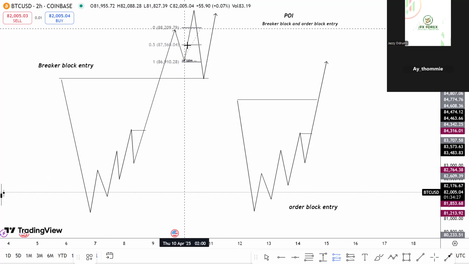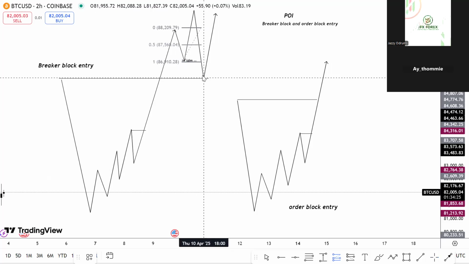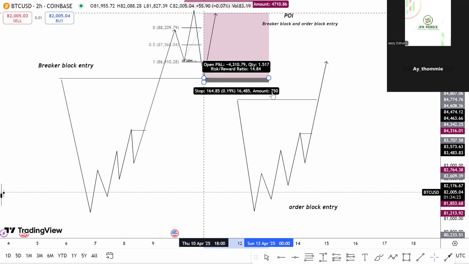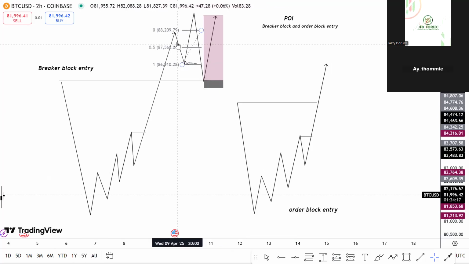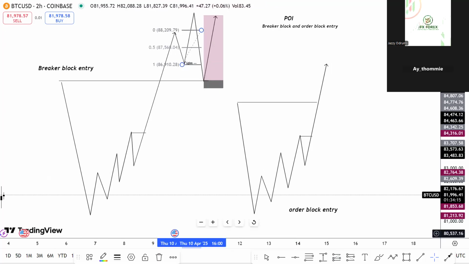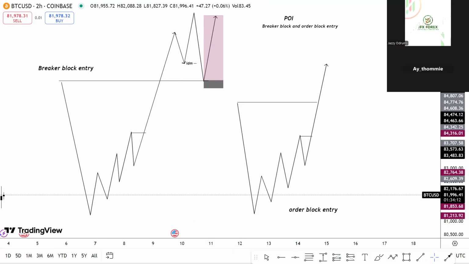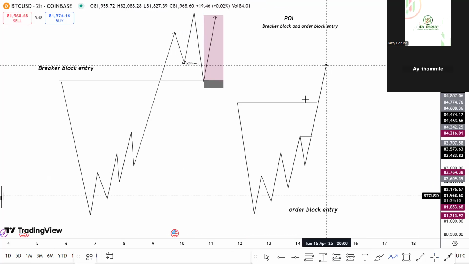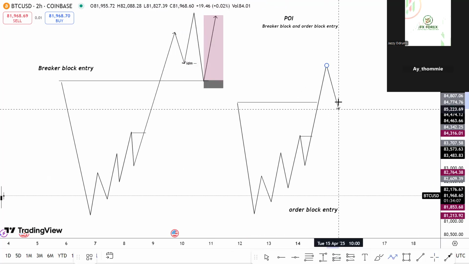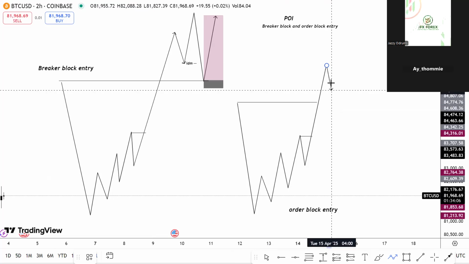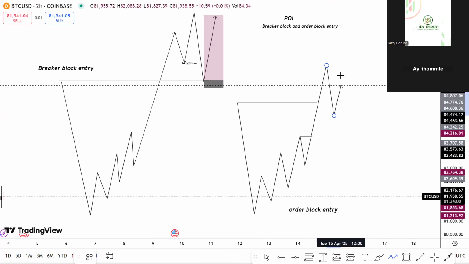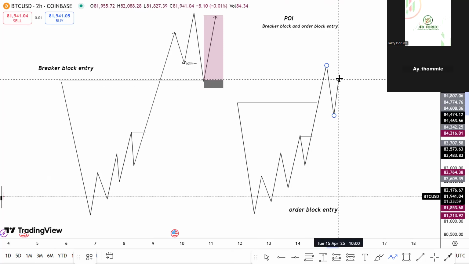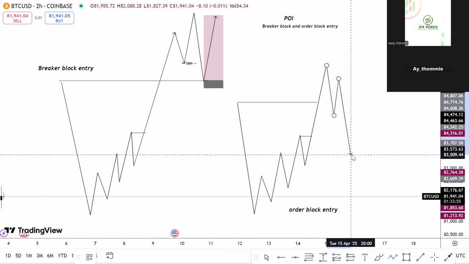We have to break it either 50% and above, come back to take your entry here, then you buy up from there. Now, this is the second entry point. If your major break of structure was mitigated, if this pullback, this inducement, mitigates this, goes up, gives you 50% and above, and comes down, we'll be using your order block entry as your entry point.